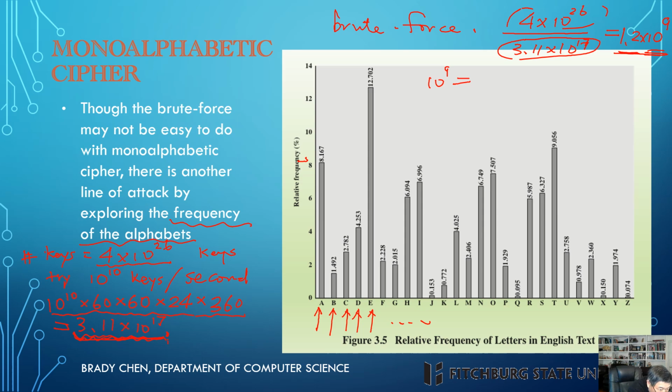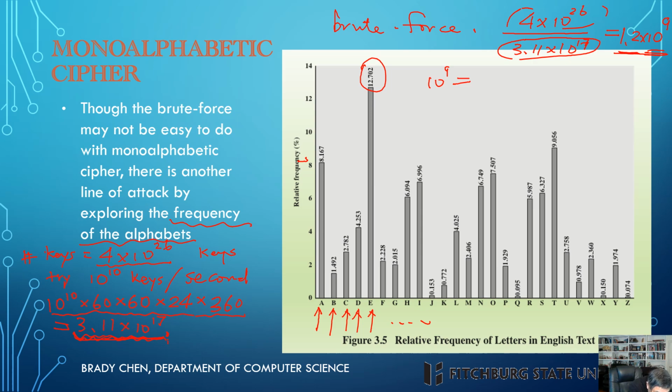Now it says 8.167% of the time you can see the letter A. So the letter A will appear a little bit more than 8% of the time. The letter with the highest frequency is E, which is more than 12%.